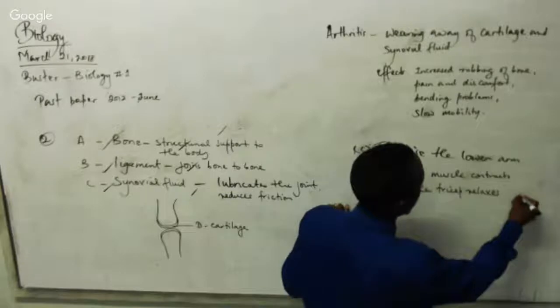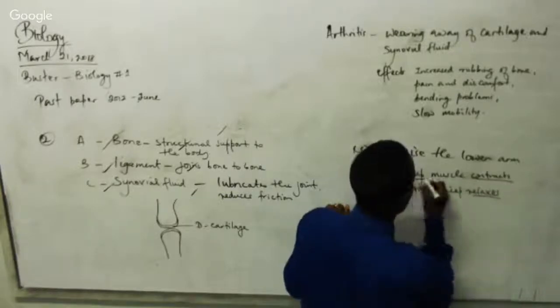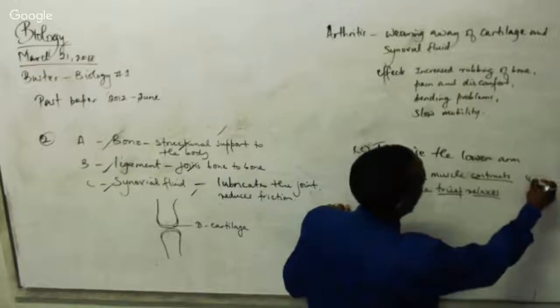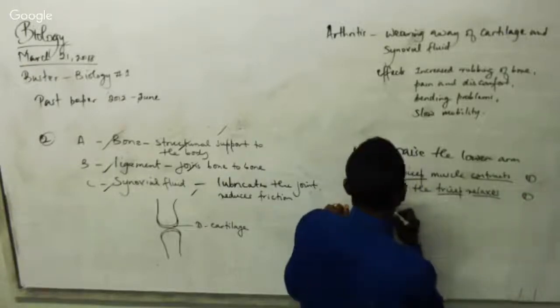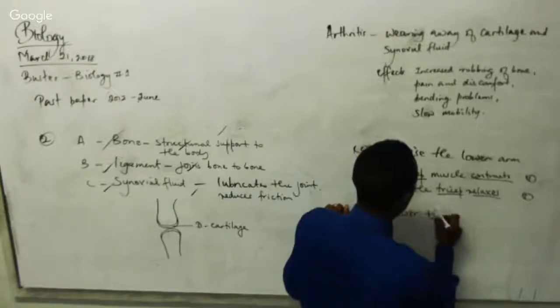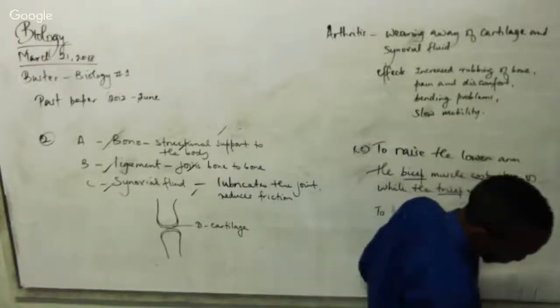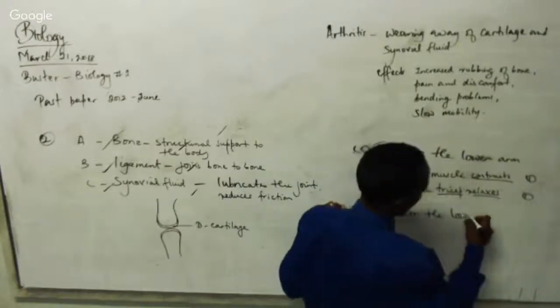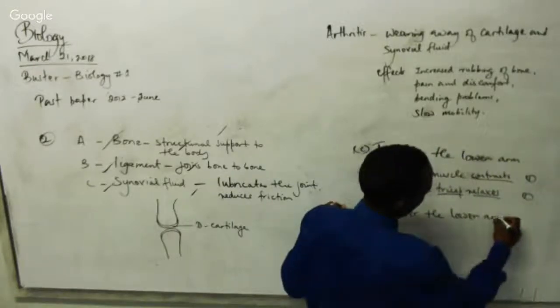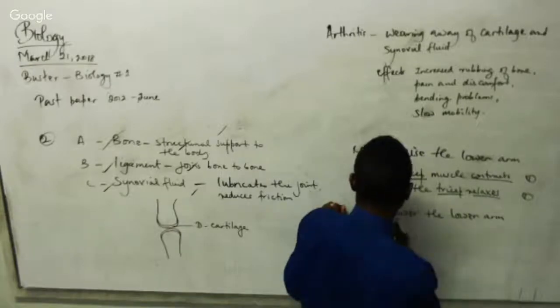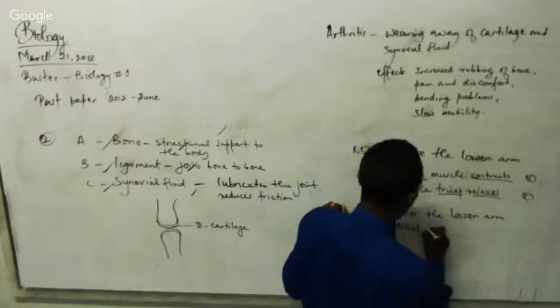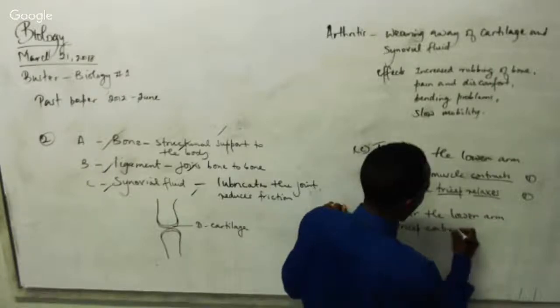It's 2 here, so you have to talk about this and this. You get 1 mark here, 1 mark here. This time, tricep contracts.